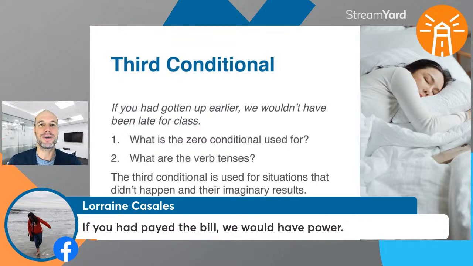If you're able to do it so easily. Lorraine says, if you had paid the bill, we would have power. Yes, that is another perfect sentence. So that is a great third conditional because somebody didn't pay the bill, right? It's done, it's finished. And now we would have power because you would have paid the bill. One little mistake, Lorraine. Paid. How do you spell paid?